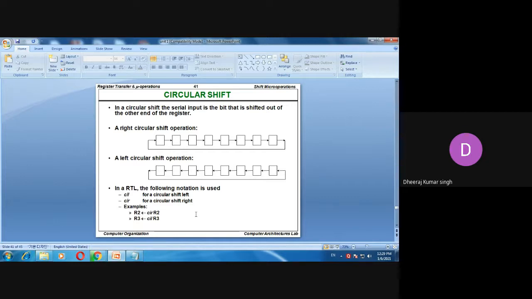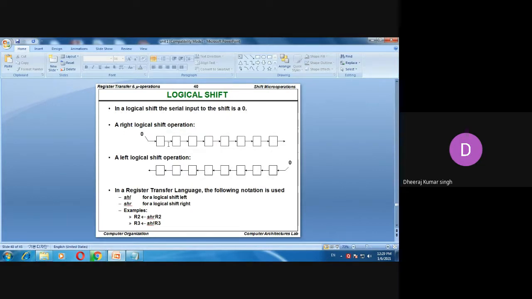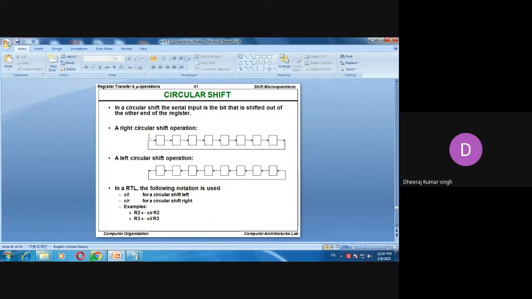In a normal shift operation there is no circular movement, so the LSB bit or the MSB bit is destroyed. No data should be lost, so we use the right circular shift and the left circular shift.